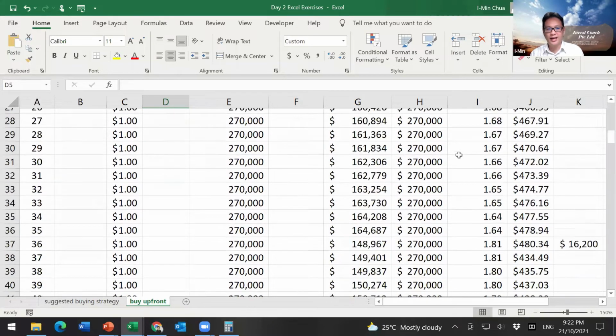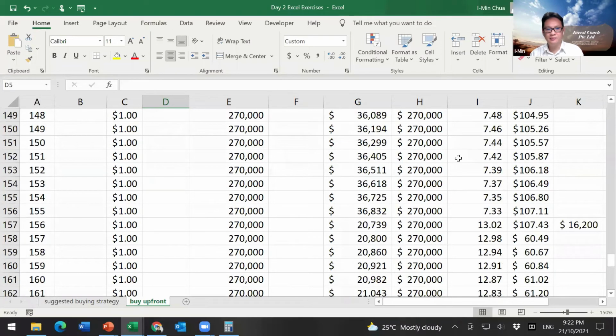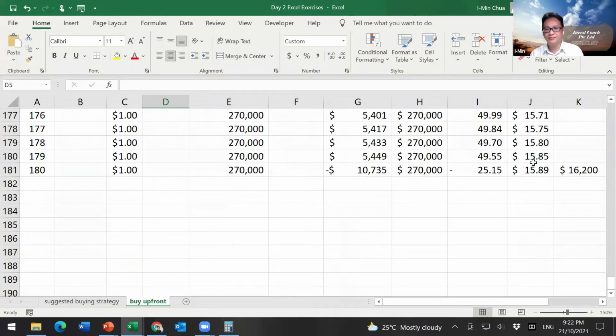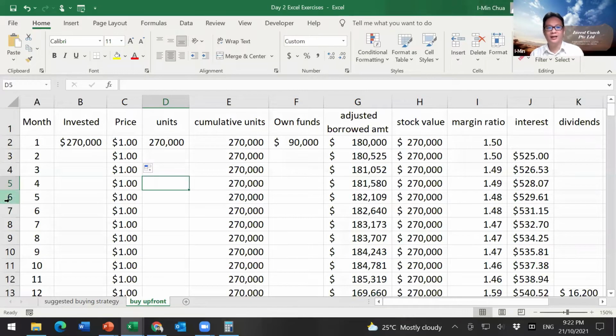You can see that after 180 months, after 15 years, you will fully pay off the loan, assuming the price remains at $1, and of course assuming you have a top up.